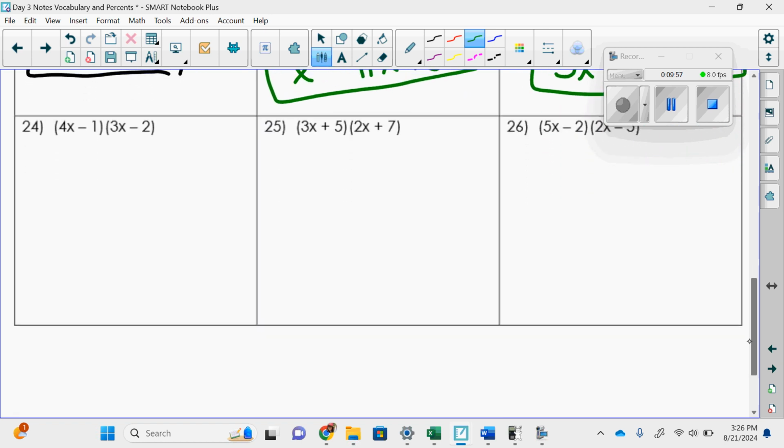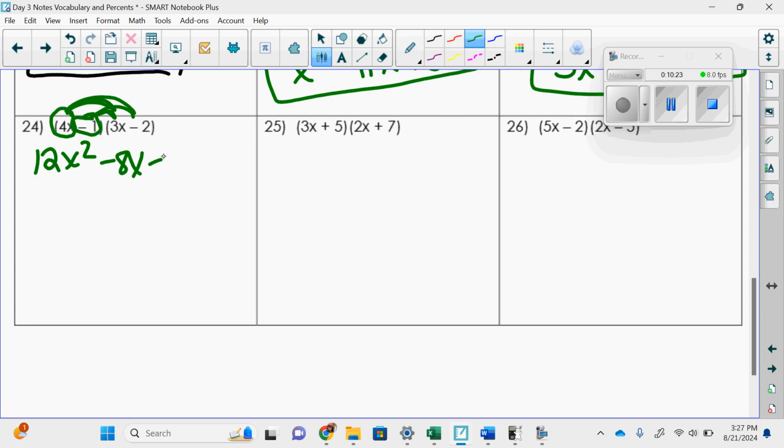All right, let's do one more, and then I think we'll be good. Number 24. I'm going to take that 4x and distribute it into the 3x minus 2. So 4x times 3x gives us 12x squared. 4x times negative 2 gives us negative 8x. And now I'm going to distribute the negative 1 into the 3x minus 2.